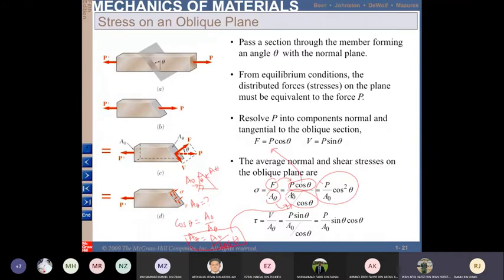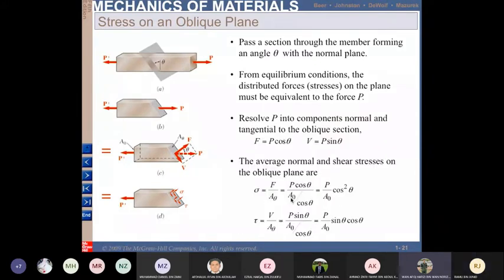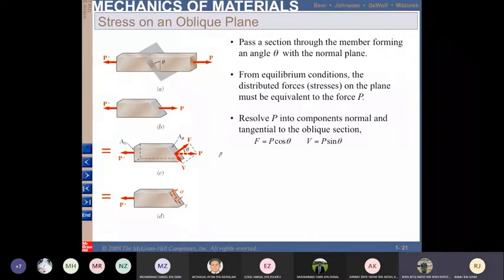Similarly, for the case of shear stress, tau is equal to V over A theta, when it is tilted.